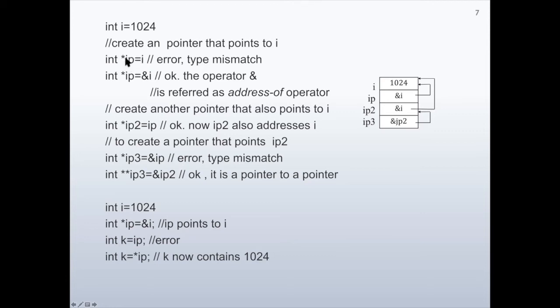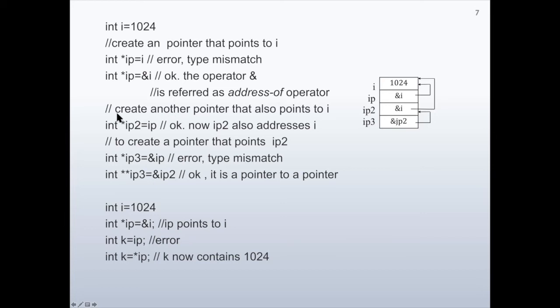So here, instead of i itself, we use this ampersand to say that this is the address of i. In this case, the integer pointer ip is declared and initialized with the address of the integer i. This is correct. The operator ampersand is referred to as the address-of operator.